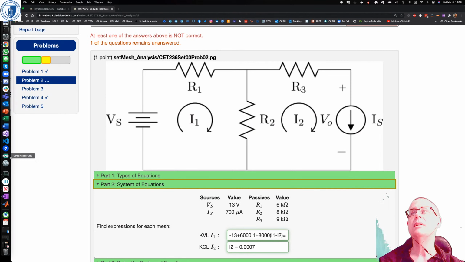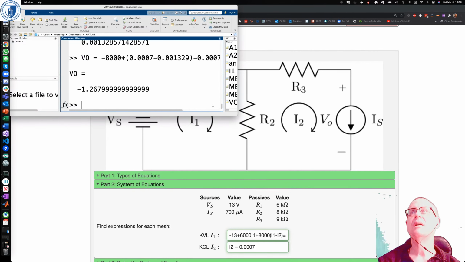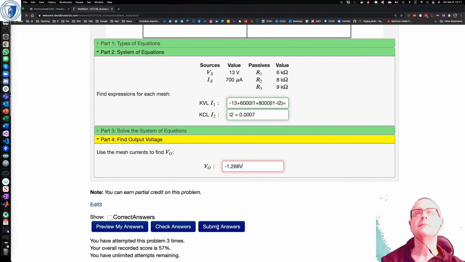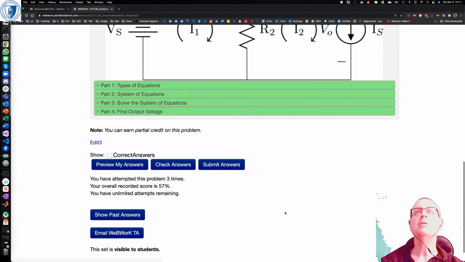R3 is 9,000. Right, so it's minus 1.268 volts. Okay, and we're all good.